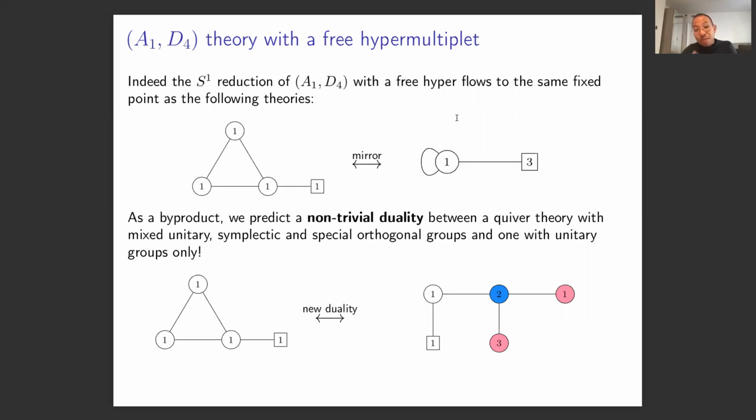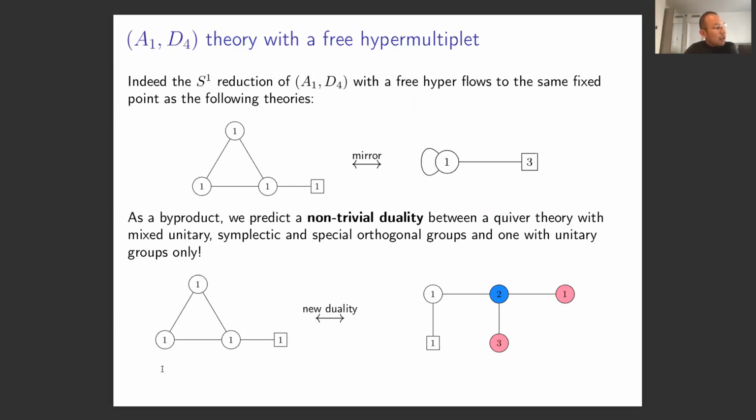So now we can even propose a new duality. It's a duality, it's not just a mirror. That you have this theory dual to this theory. Dual means if you compute some quantity here and you compute some quantity here, it's the same. The Higgs branch here matches with the Higgs branch here. The Coulomb branch here matches with the Coulomb branch here. So what do you expect? What's a feature of this duality?